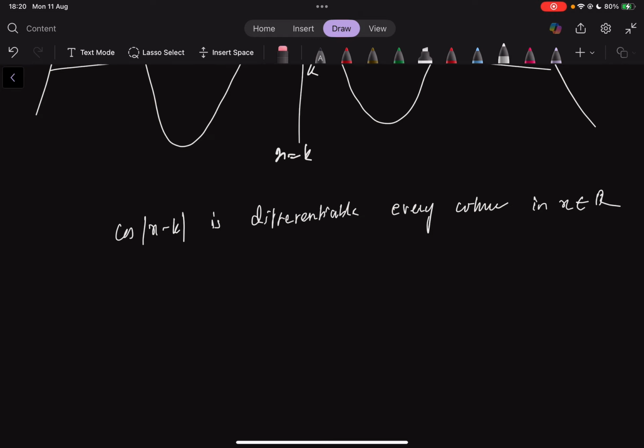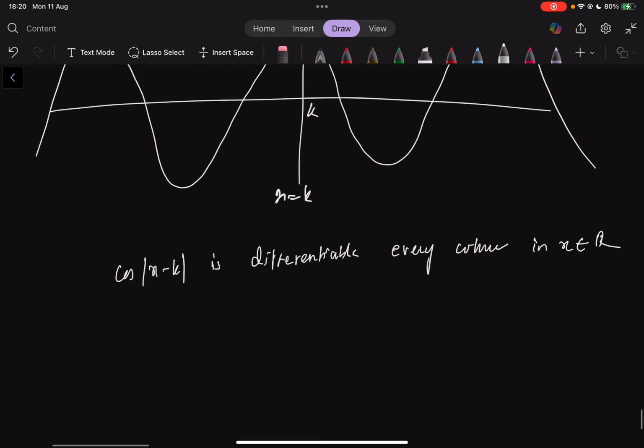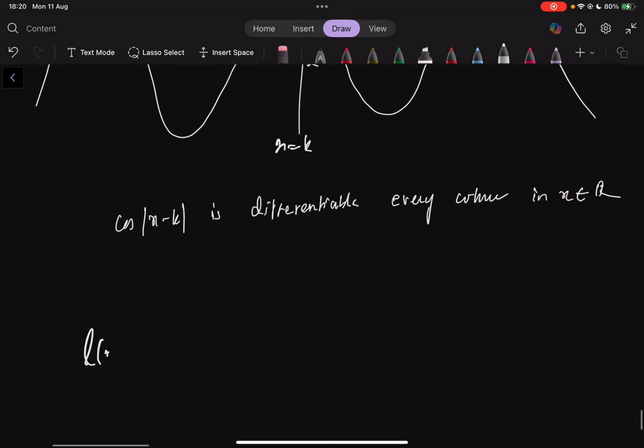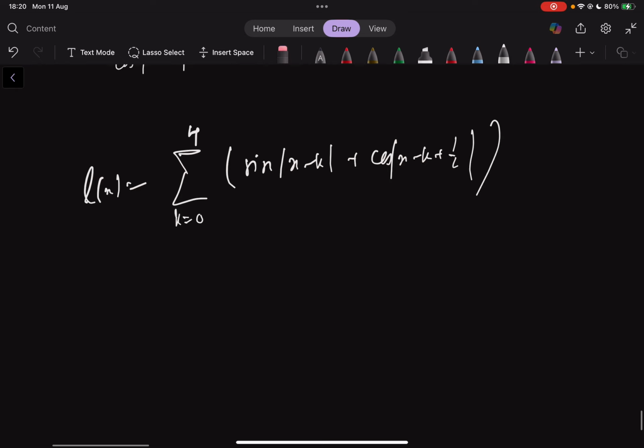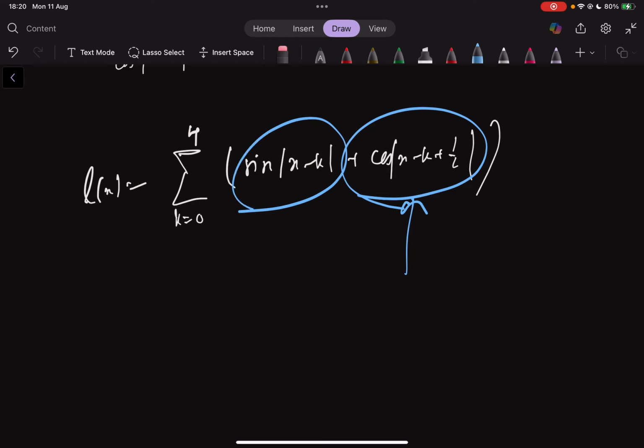So we are having sine of mod x minus k. If we see our function L of x, that is summation k equals 0 to 4 of sine of mod x minus k plus cos of mod x minus k plus half. We don't have to worry about cos, but sine is not differentiable at x equals k.